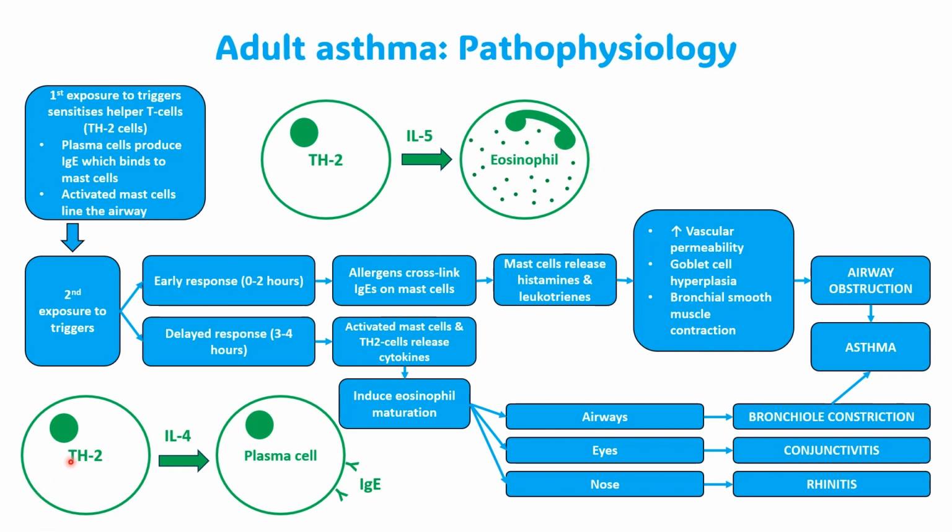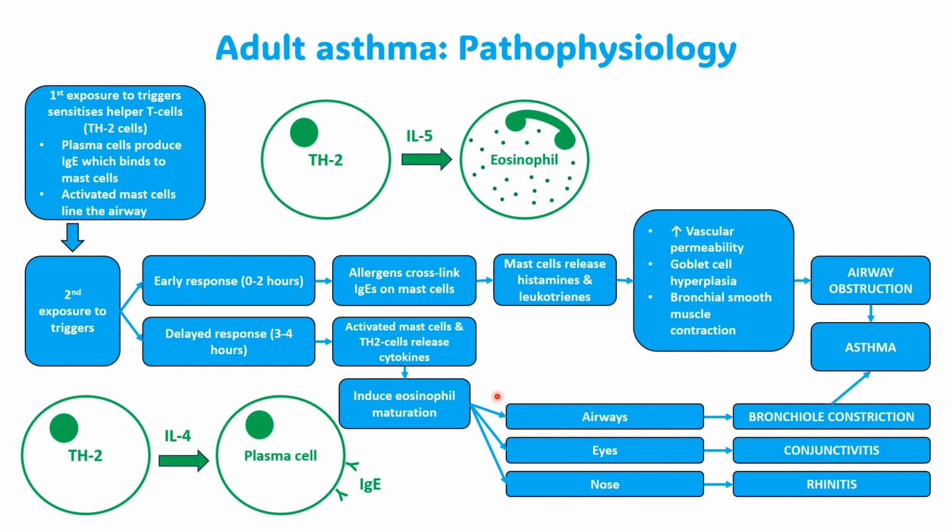When it's activated, it's going to release interleukin 4, and this is going to stimulate the activation and differentiation of plasma cells, which are very clever cells as they can synthesize proteins, particularly immunoglobulins. So we have our IgE being synthesized, which is also going to contribute to the underlying pathophysiology.